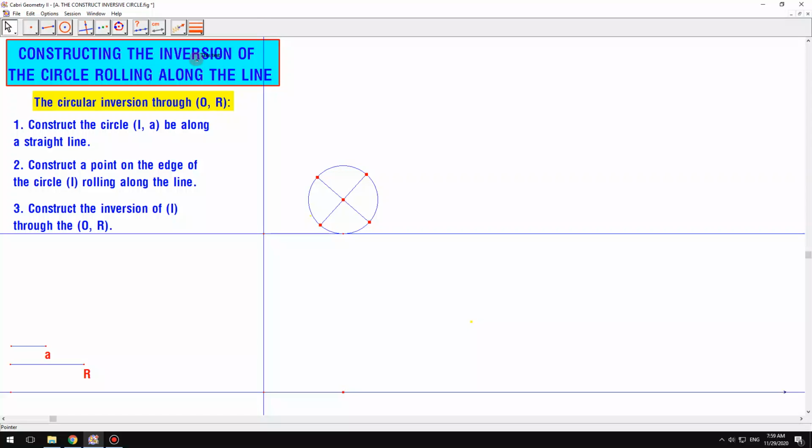Now we're constructing the inversion to circle radius R. We use compass. This segment is red and this point out.